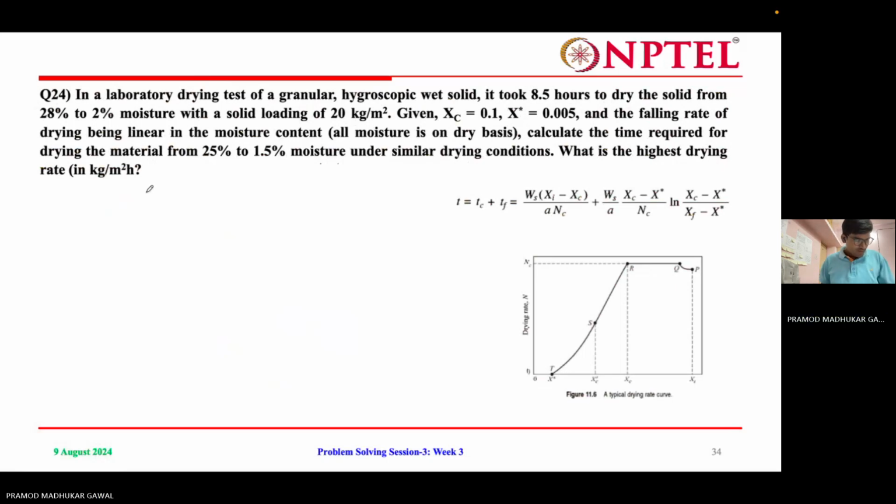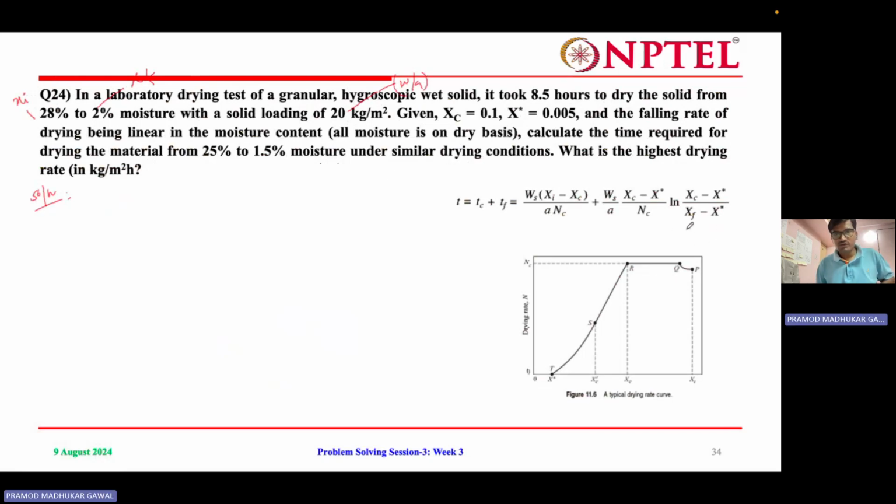Right, so here we use a similar concept as the previous one. So first, xi is equal to 0.28 and xf is 0.02, right? Here W by A is given in kg per meter square, along with x and x star.